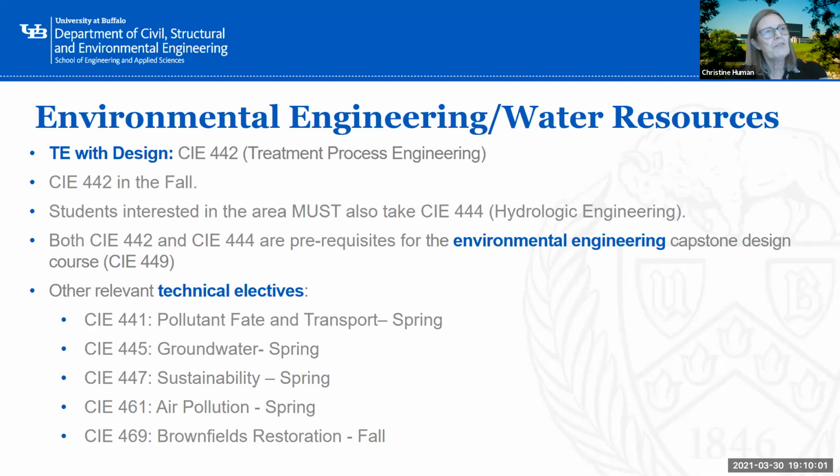Groundwater, which is 445. Sustainability, 447. I put it there with environmental water resources, but that's a really great class for anybody to take. So think about that if you just want to pick up a general technical elective. A student in any area would, I think, get a lot of value out of taking sustainability, air pollution, and then brownfields restoration.